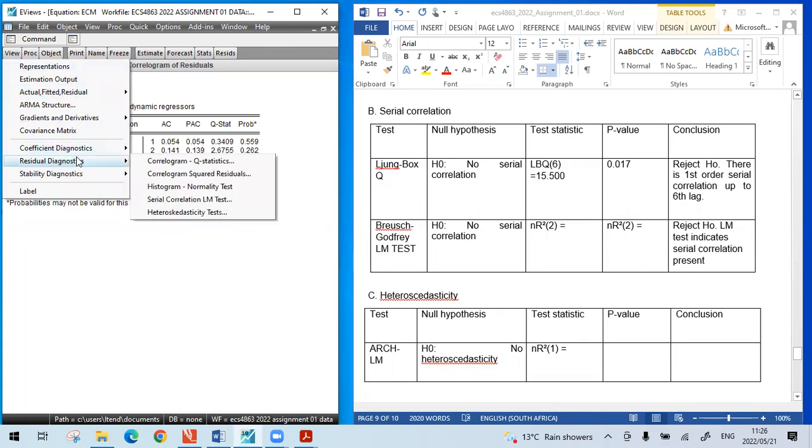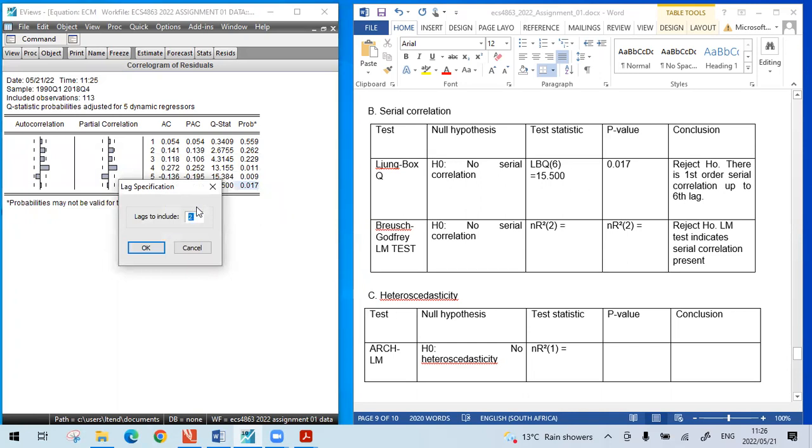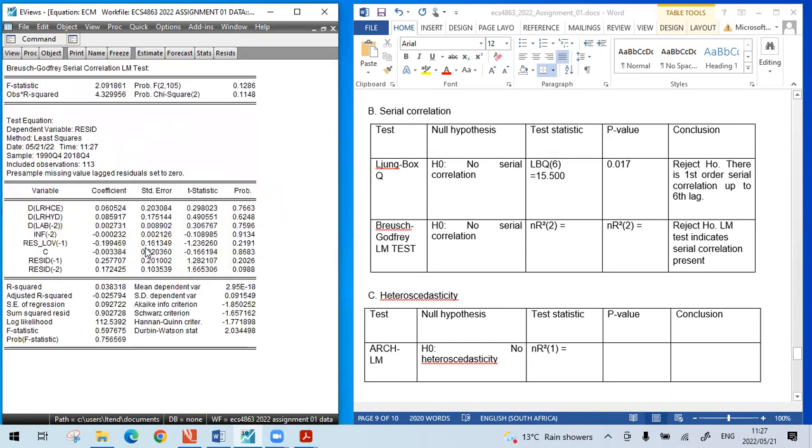We go to residuals. Breusch-Godfrey, which one? LM. So I'm going to this one. How many lags? There are 2. I click on OK. But here, I want to show you something. This one is the observed R squared, the N R squared.